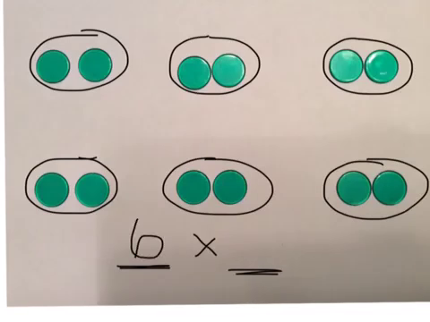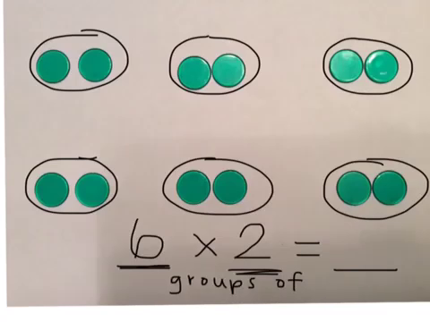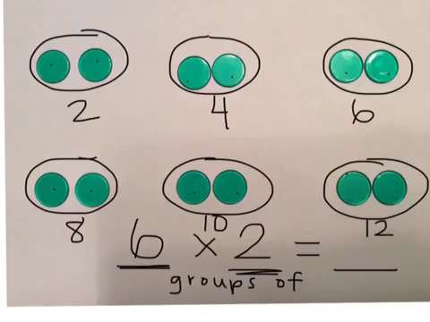So 6 groups of, remember the multiplication sign stands for groups of, how many in each group? 2. There are 2 in each group.